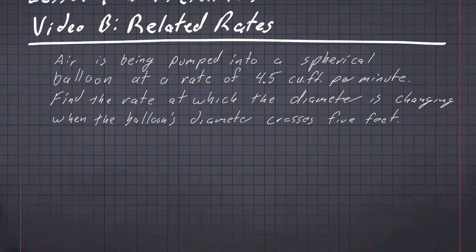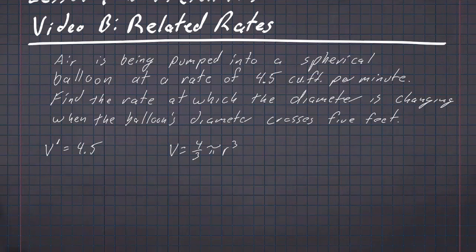So the known information is that v prime, the derivative of v, is 4.5 cubic feet per minute. And of course, we know that the volume of a sphere is given by v equals 4/3 pi r cubed.